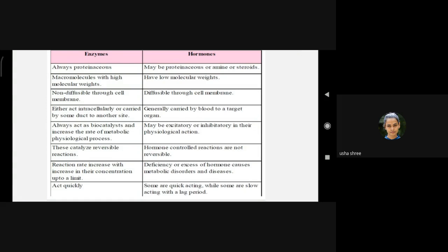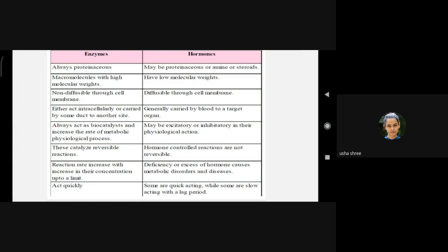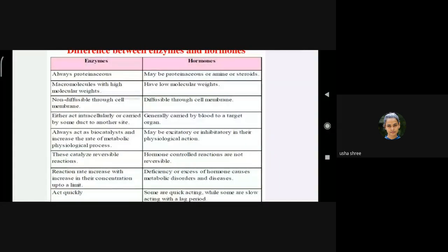For example, take an example of a slow acting hormone, like growth hormone, or the hormone of an adolescent boy. If the hormone has to release the beard of an adolescent boy, then it will take a period of time.